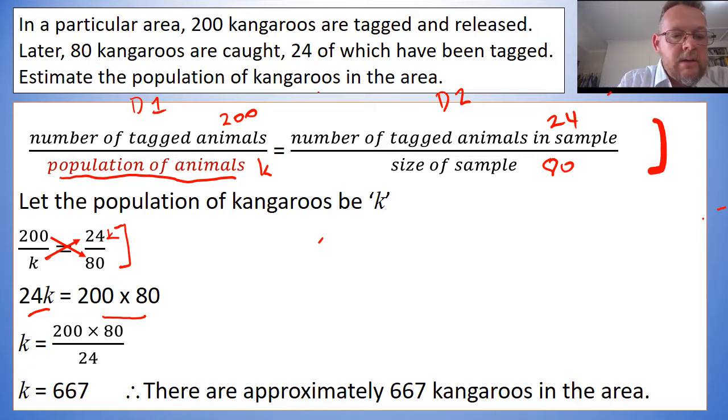Then I can move this 24 to the other side of the equation, doing an inverse operation. The inverse is the opposite, so instead of multiplying by 24, I'm going to divide by 24. So the final way to consider this is K equals 200 times 80 over 24, and so that will equal 667. We can use that process to estimate that there are approximately 667 kangaroos in this area.